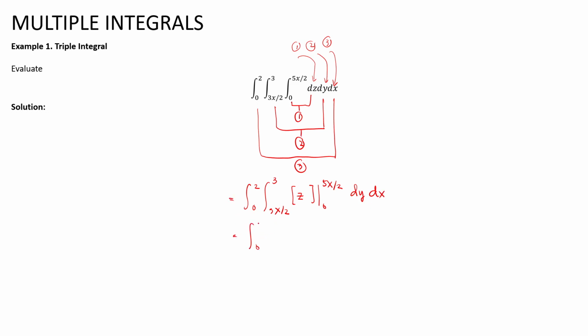Then applying the limits, you're going to have 5x over 2. The other one is 0, so you can just ignore that one. The next is the y parameter, so this gives us from 0 to 2, and then 5xy over 2, from 3x over 2 to 3.